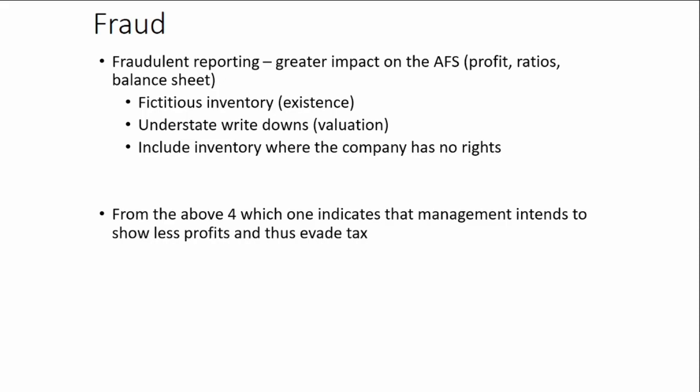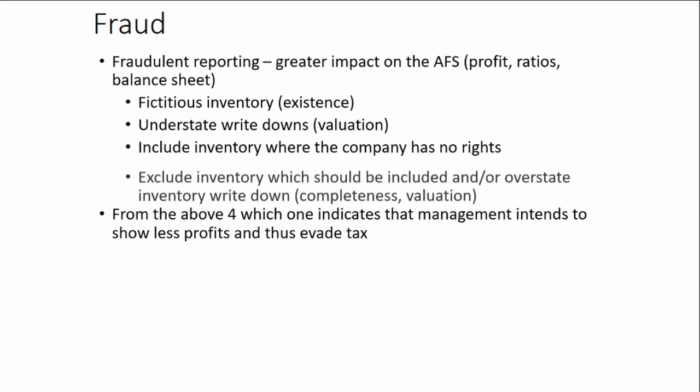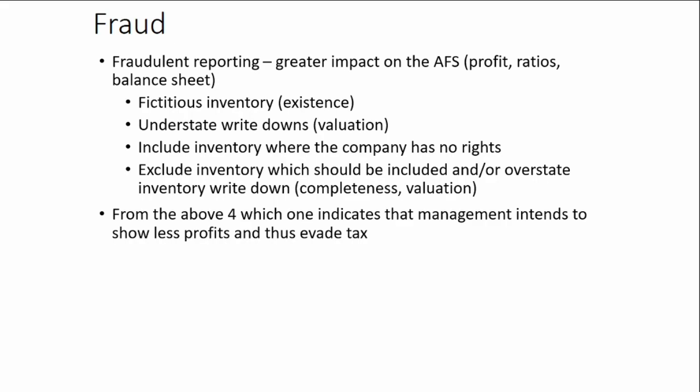Then we've got consignment inventory or consignment stock that doesn't belong to our client but is being accounted for. So these are the types of things we want to be aware of when we are looking for fraudulent reporting. Remember, these are not all of the things that affect inventory. They're just some of the most important things, and some of the things that often come up.